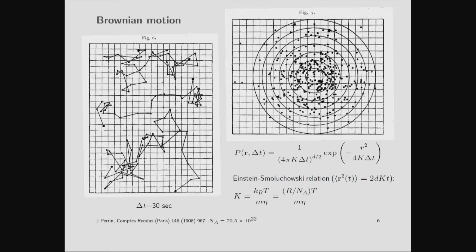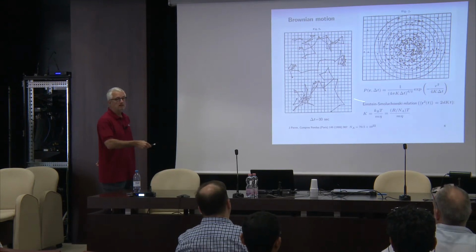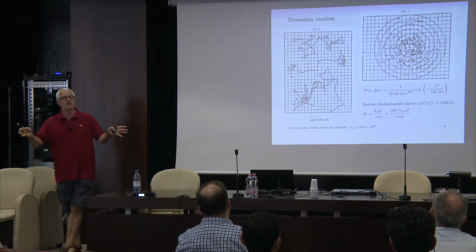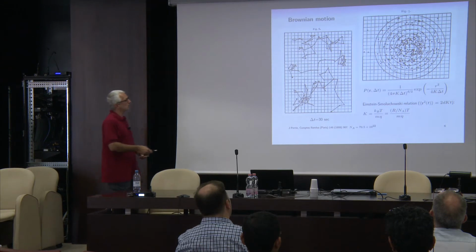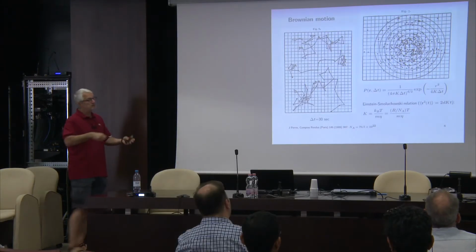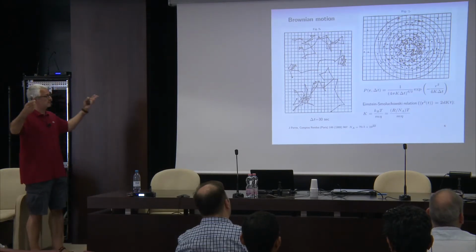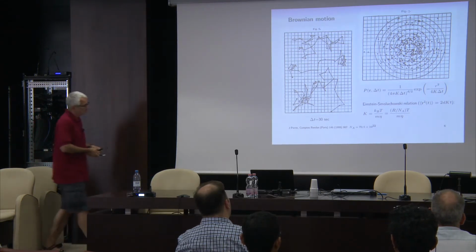So what he did is he combined many trajectories, and each of these straight lines corresponding to an excursion of 30 seconds per particle, he shifted to a common origin and just fitted the Gaussian solution to this displacement distribution. And then by using the Einstein-Smoluchowski relation, relating some microscopic quantity, the diffusion coefficient that you get from this fit, with Avogadro's number, here we have the gas constant and the other quantities, he was able to deduce Avogadro's number in the quest of discovering atoms, right, the atomistic theory of matter.